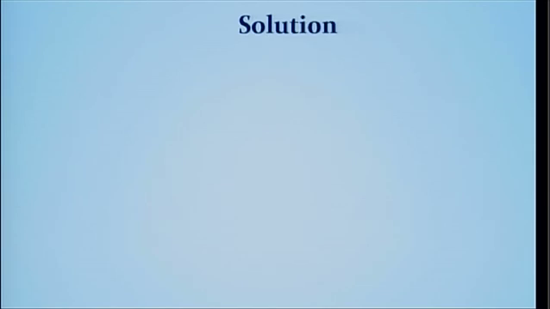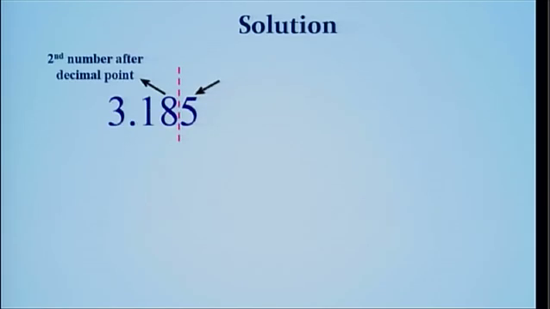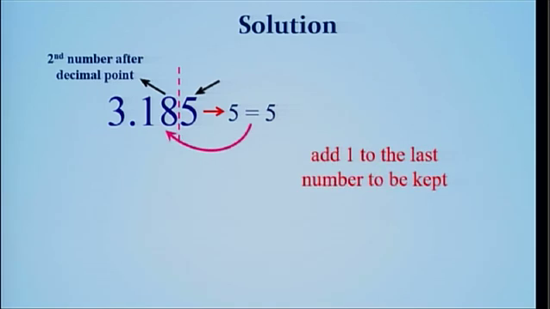We are going to analyze the number which is immediately after the required one. Since we are writing it to 2 decimal places, we require 2 digits after the decimal point. The number immediately after is 5. We have said that if this number that we are analyzing is 5 or more, we are going to add 1 to the last number to be kept.